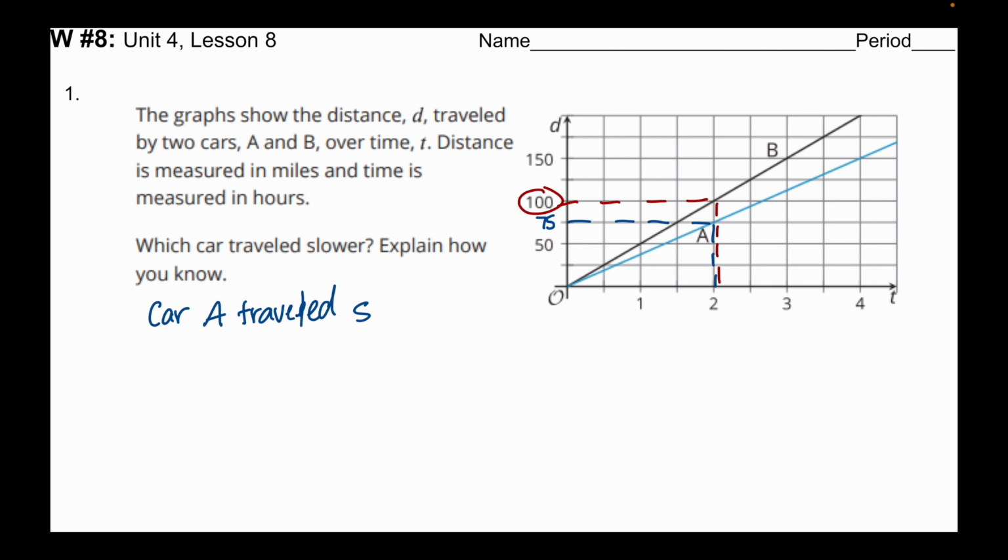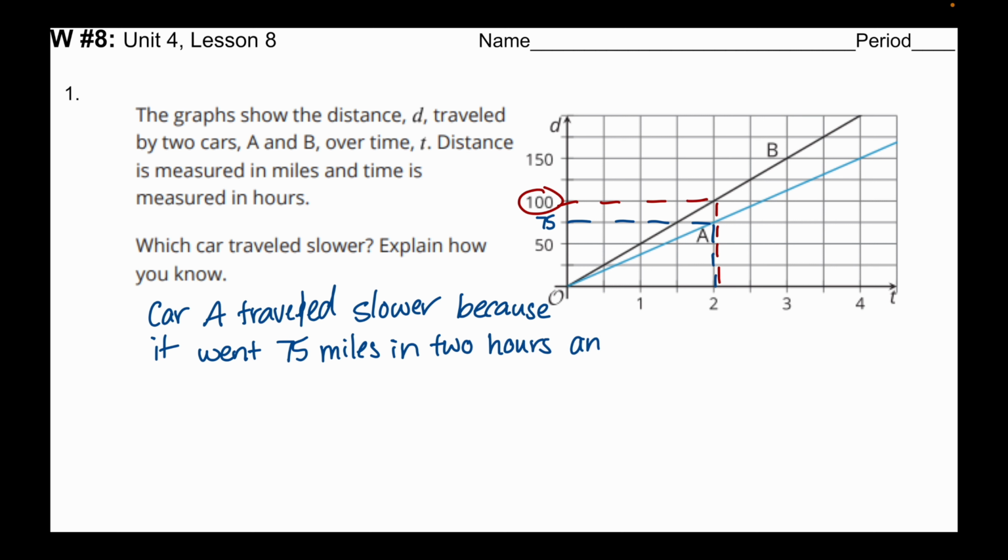So car A traveled slower because we'll say it went 75 miles in 2 hours, and car B went 100 miles in the same amount of time.